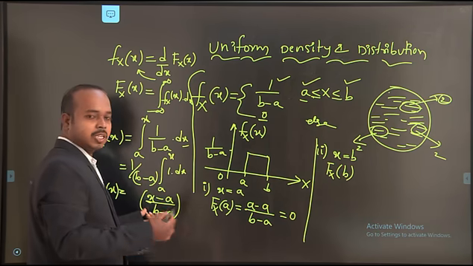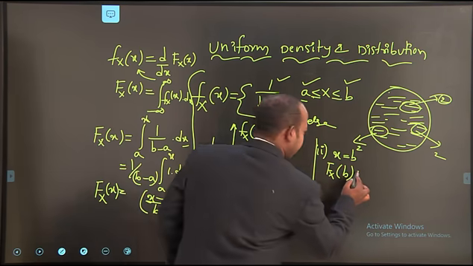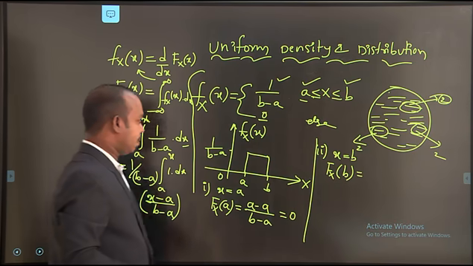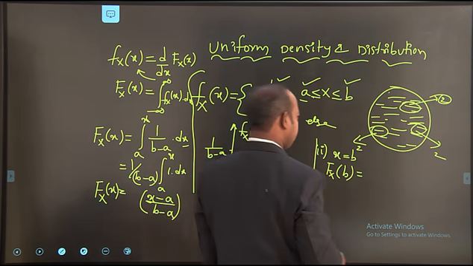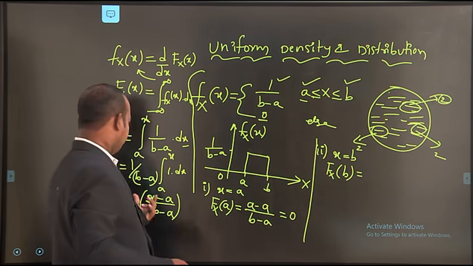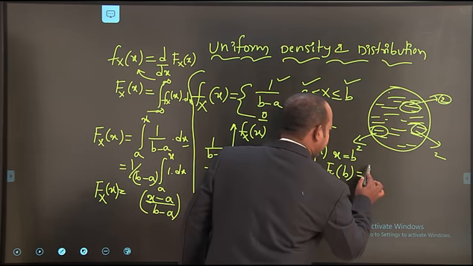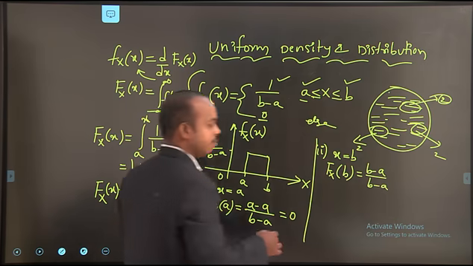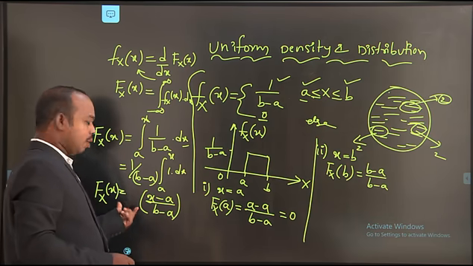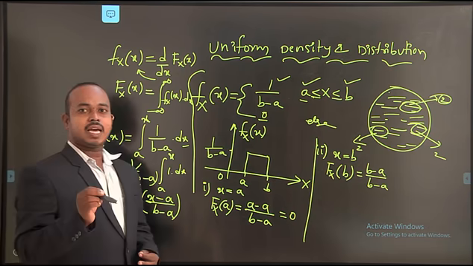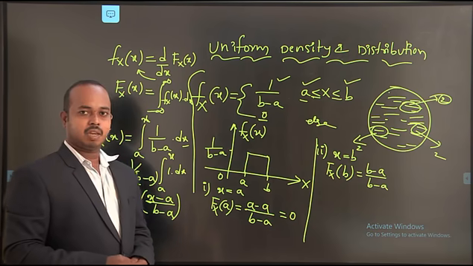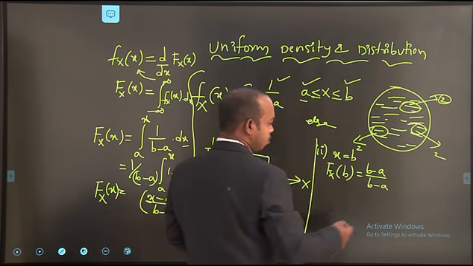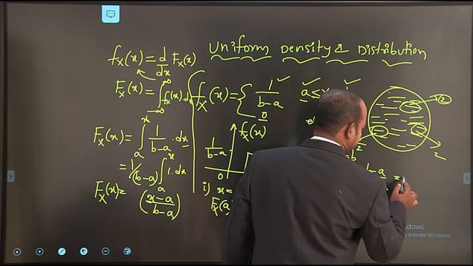Where x is there, we replace it with b, in the numerator x minus a becomes b minus a, divided by b minus a. Both are the same quantities, so they cancel. The value is 1.